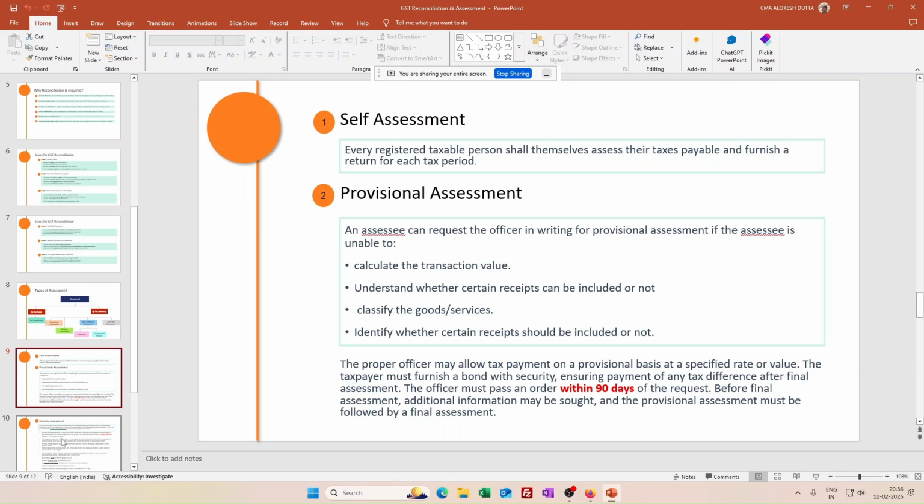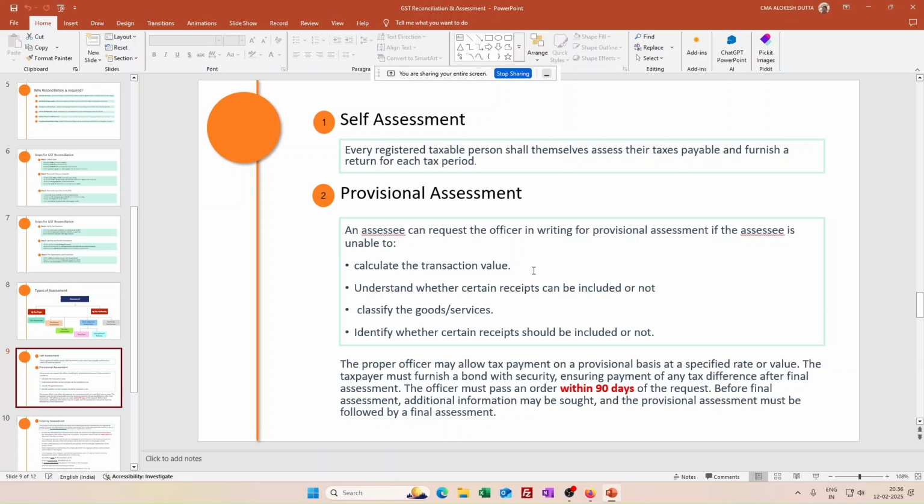Before final assessment, additional information may be sought, and the provisional assessment must be followed by a final assessment. So these are the cases where there are complications, where the assessee has not understood what the tax liability is, whether the input tax credit will be taken or not, and what the assessable value, the taxable value, is.